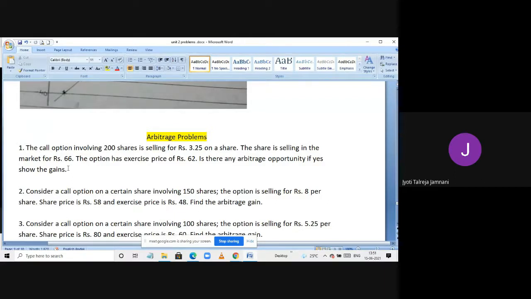So before we start, let me write down what is given in the first problem. The call option involving 200 shares is selling for rupees 3.25 on a share. Now it's a call option. Just write here, solution.